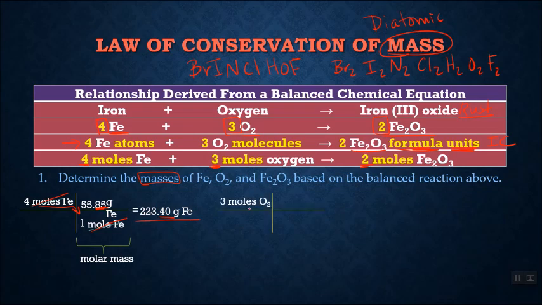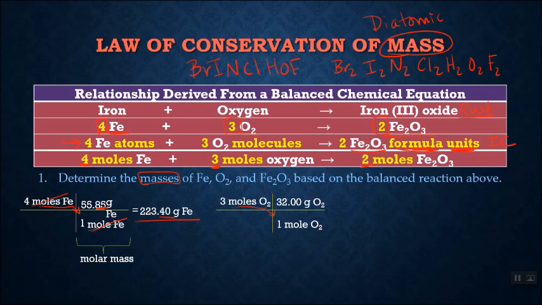Now 3 moles of oxygen here, doing the second reactant. We're going to take those moles of oxygen, diagonal them down because we want to cancel out the moles of oxygen, and we're going to put the grams on top because that's what we desire. The desired amount goes on top. And the molar mass of oxygen happens to be 16, and there's 2 of them, so you'd multiply 16 times 2.